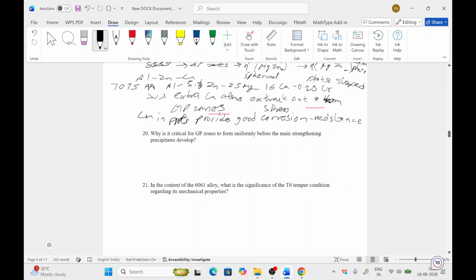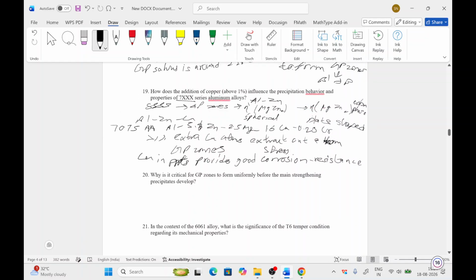So the copper changes the composition of the precipitates, which helps in improving the stress corrosion resistance of the 7000 series aluminum alloy.